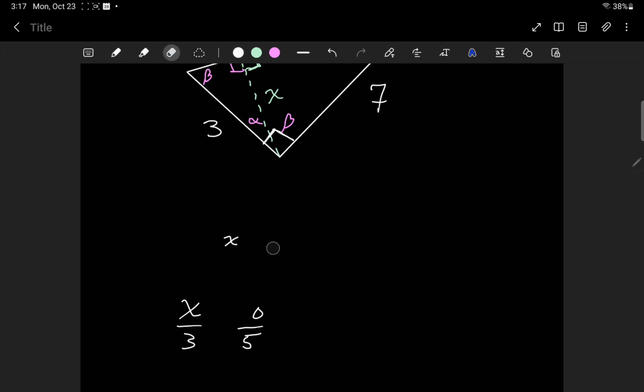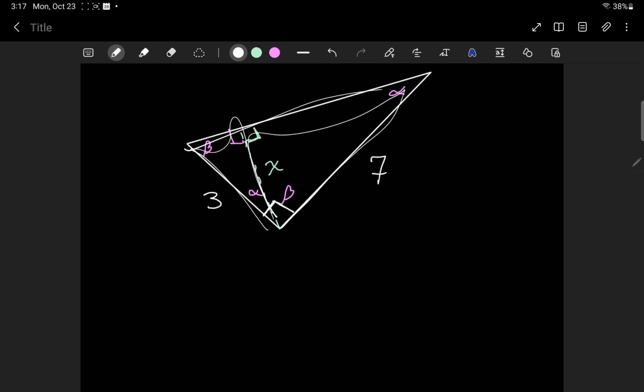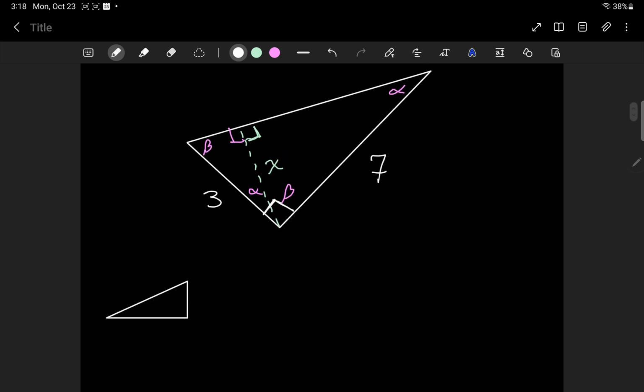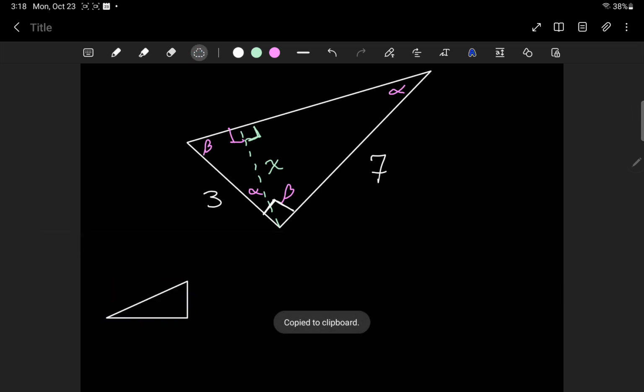But since there's three of them here and we might need information from any one of them, I like to take those three triangles that I outlined and just line them all up so that they've got the same orientation here. So what I mean by that is, let's say I've got the one right triangle here, and that's my smallest one.